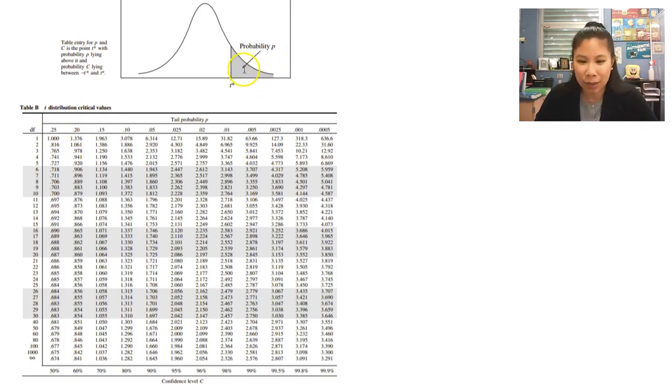But it also means that on the other side, there's also 0.25 as well. This is especially useful when we're trying to calculate confidence intervals, because when we're calculating our critical values, we're basically looking at what percent is in the middle so that we can figure out what percent is on the sides.